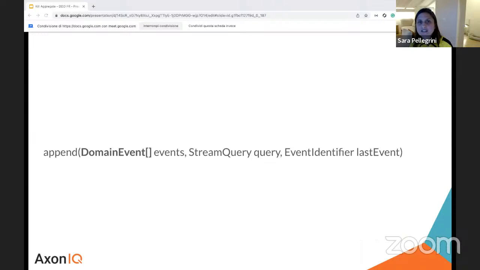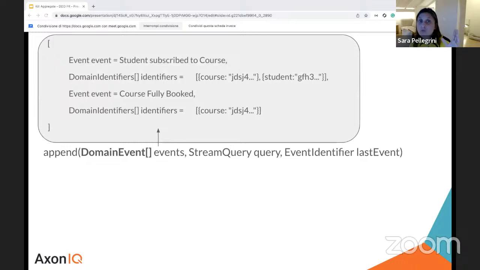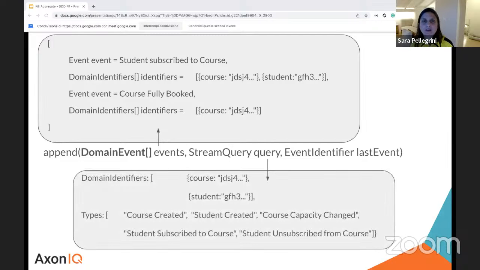So let's translate this example into pseudocode. There are two events to be appended: the student subscribed to course event, associated with the student and the course domain identifiers, and the course fully booked event, associated only with the course domain identifier. The query is the same, exactly the one that was made to reconstruct the model necessary to validate the command, to make the decision.